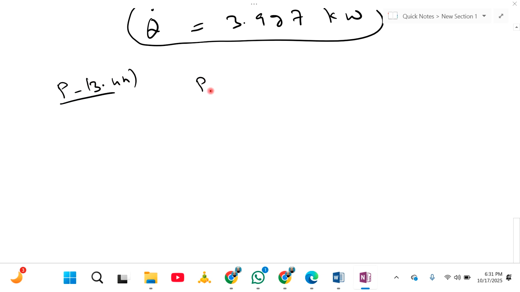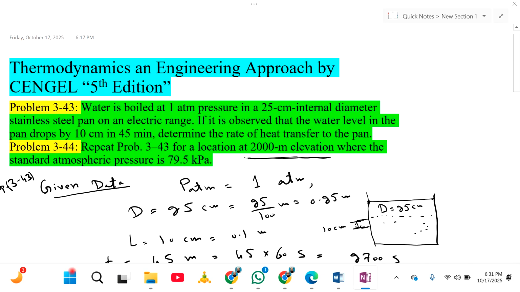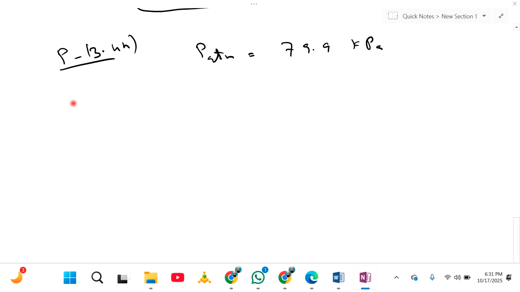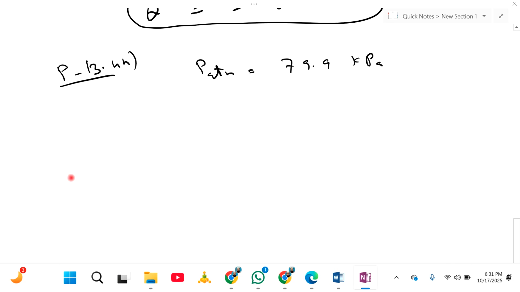So all conditions are same in problem 3.44. Only atmospheric pressure is 79.9 kilopascal, and remaining given data is same. Only atmospheric pressure is changed in this case. So if atmospheric pressure decreases to 79.9 kilopascal, then boiling point will also decrease.